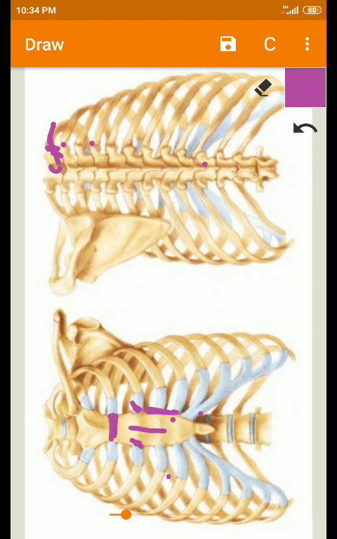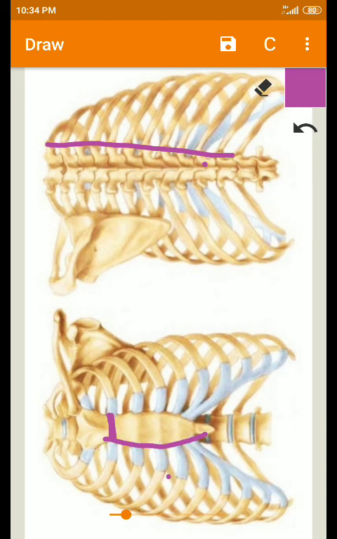So what are the three joints which help in the movement of the thoracic cage during respiration? The costovertebral joints, the manubriosternal joints and the chondrosternal joints. These permit movements of the thoracic cage during breathing.